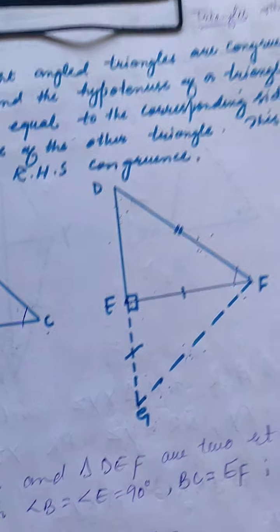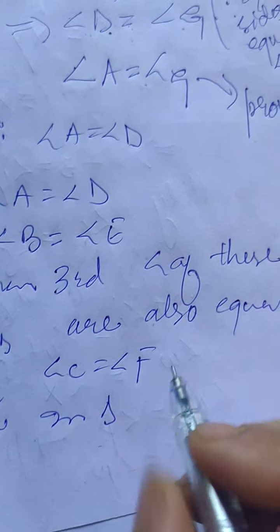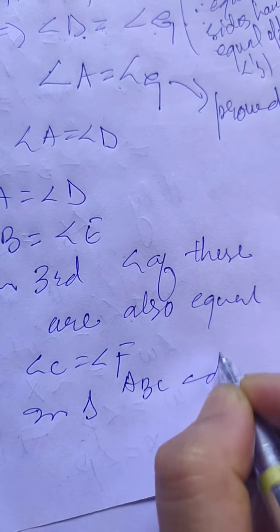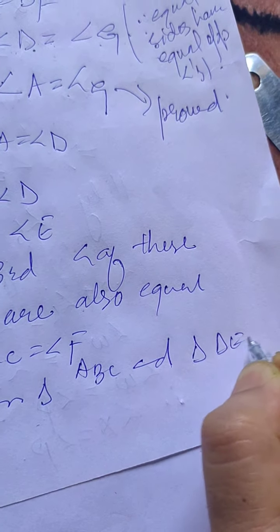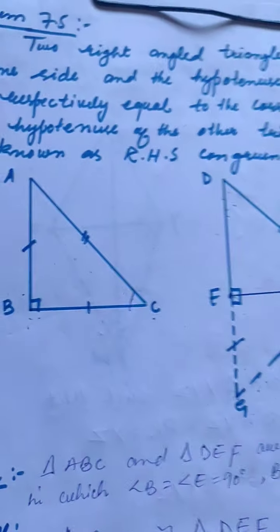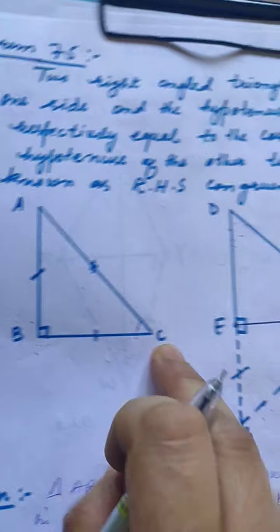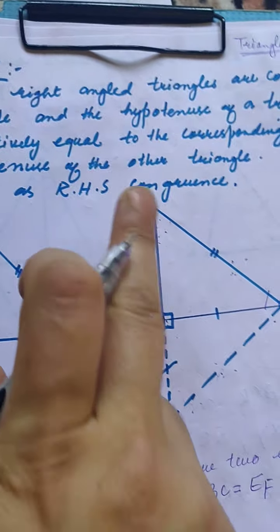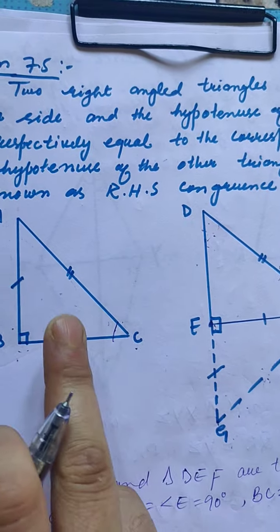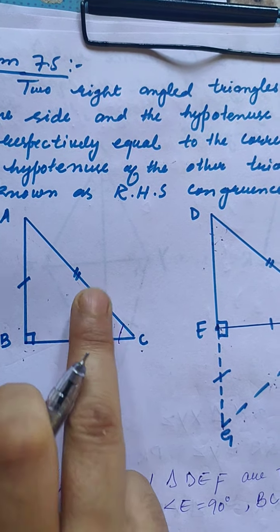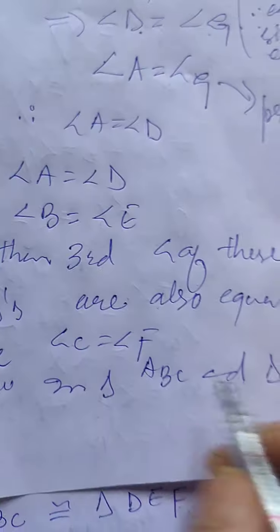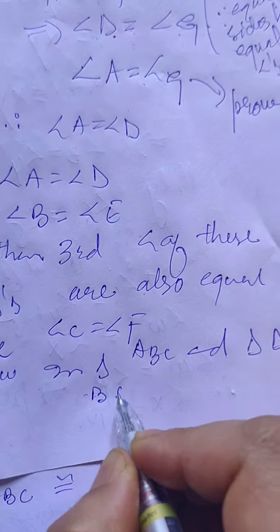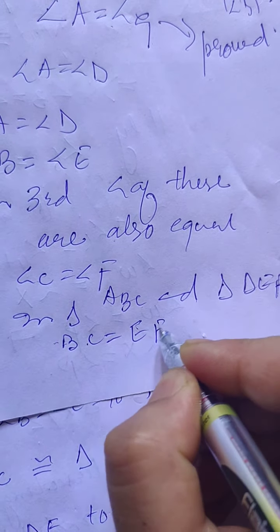Now the triangle ABC and DEF. I have to take these two triangles, triangle ABC and triangle DEF. Here BC is equivalent to EF, angle C is equal to angle F, and AC is equivalent to DF. Therefore, triangles are congruent by side angle side congruency rule. Here I have to write BC is equivalent to EF, given.